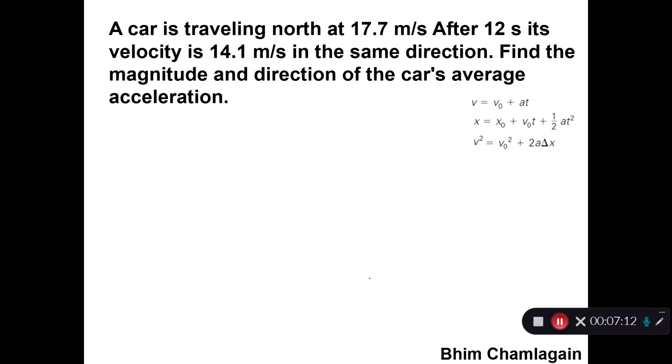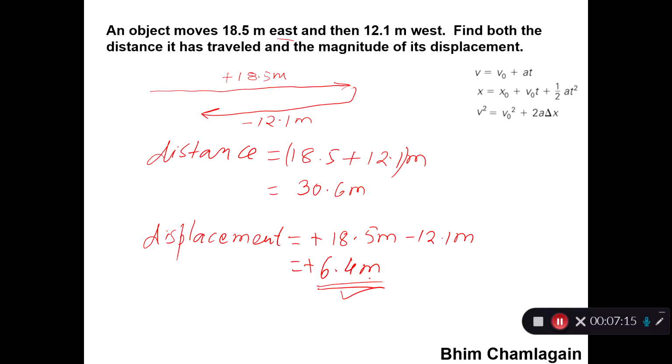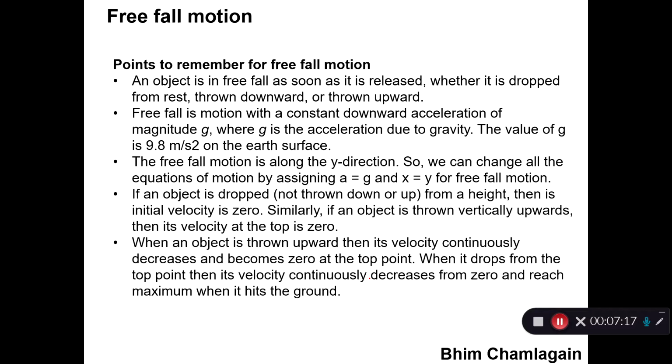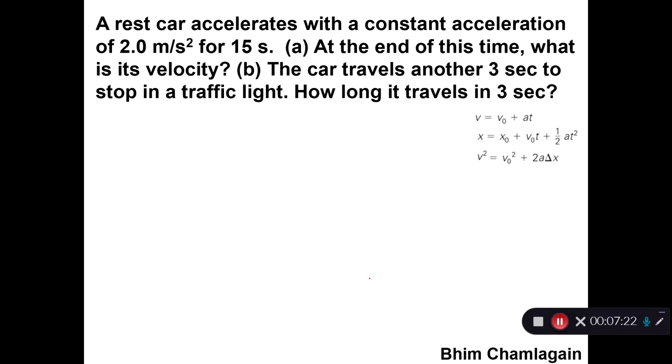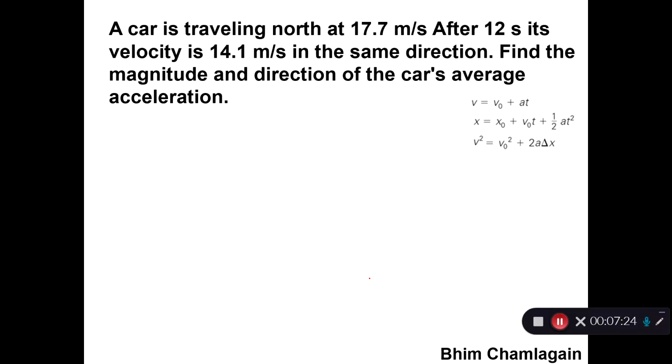Now let's go to the next problem. In this case, the car is traveling north at 17.7 meter per second, which is initial velocity v naught.